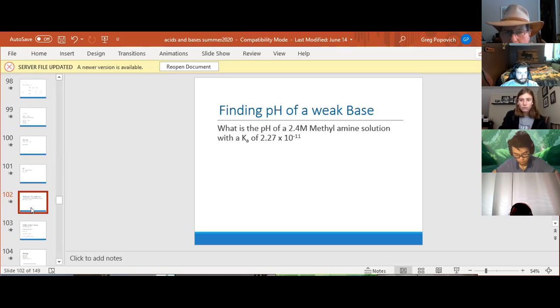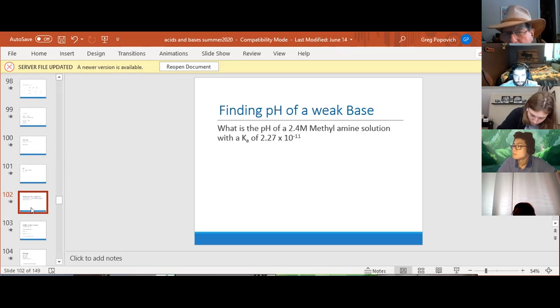The key here is you have to realize I have a weak base. If I have a weak base, I can't use a Ka. Let's deal with this problem and continue on from there.